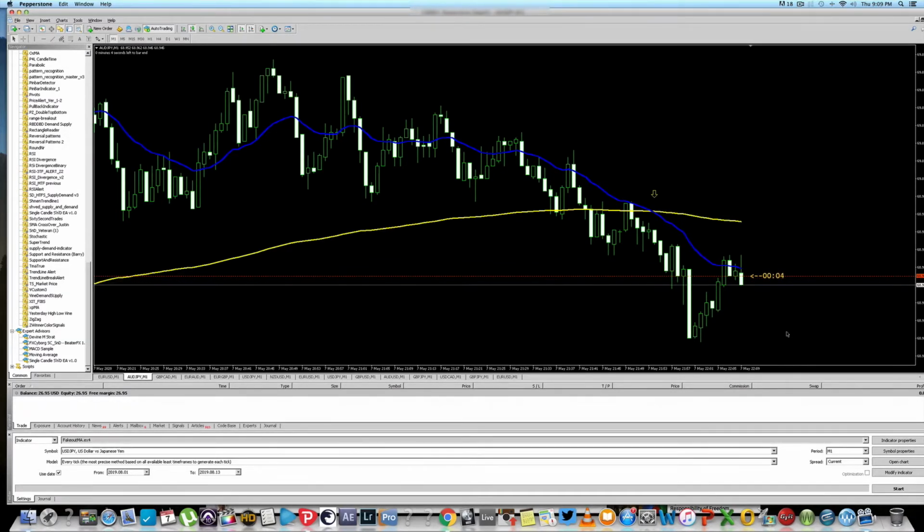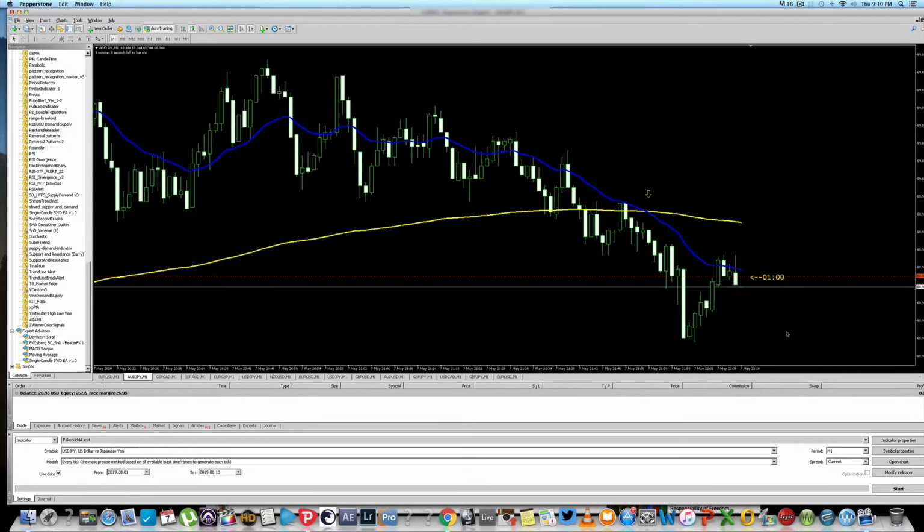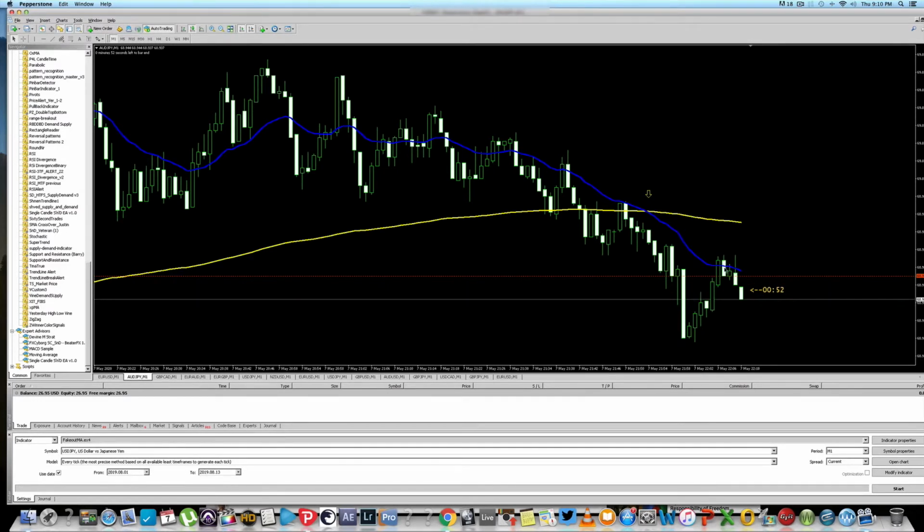So as I said, guys, you need to forward test and backtest the strategy to be sure that you'll include it into your own arsenal of strategies. Also, don't trade during high impact news.